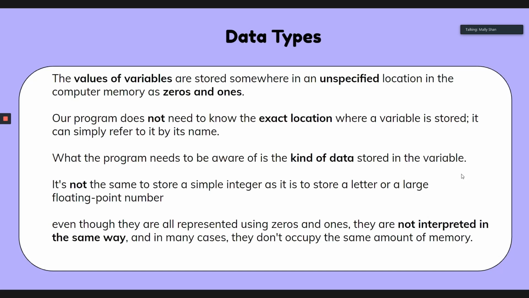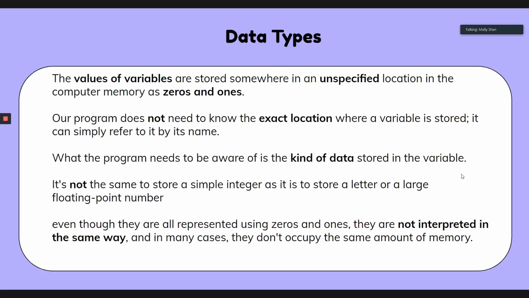Again, we talked about this yesterday, but it's not the same thing to store a simple integer versus storing a floating point number. So a number like 1 is different than 1.0, because 1.0 is actually a floating point number because it has a decimal place, and that's completely different than the number 1, because that's a simple integer.